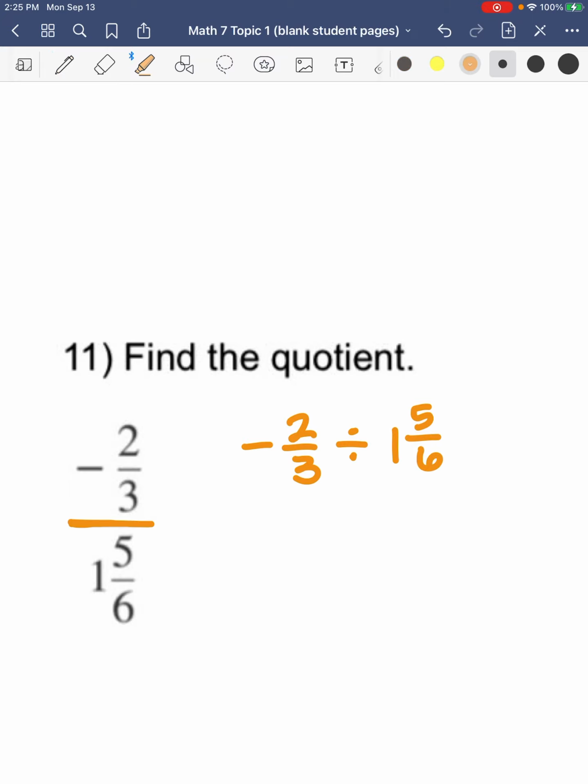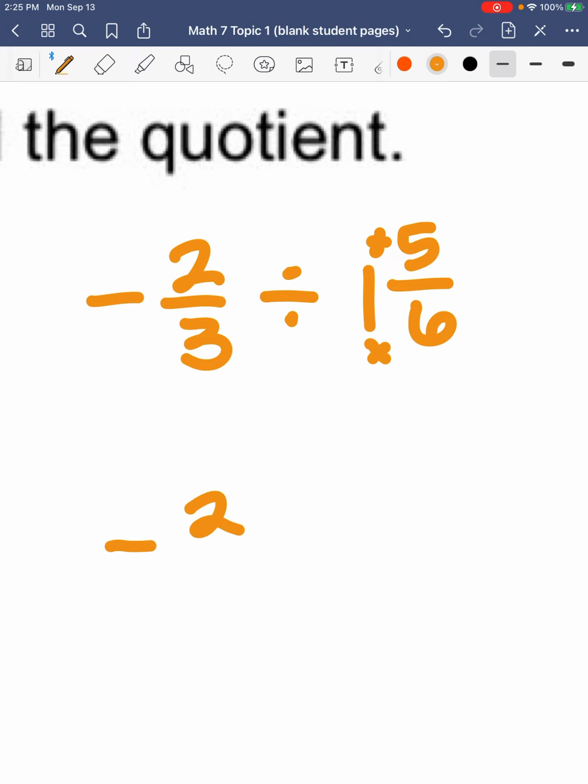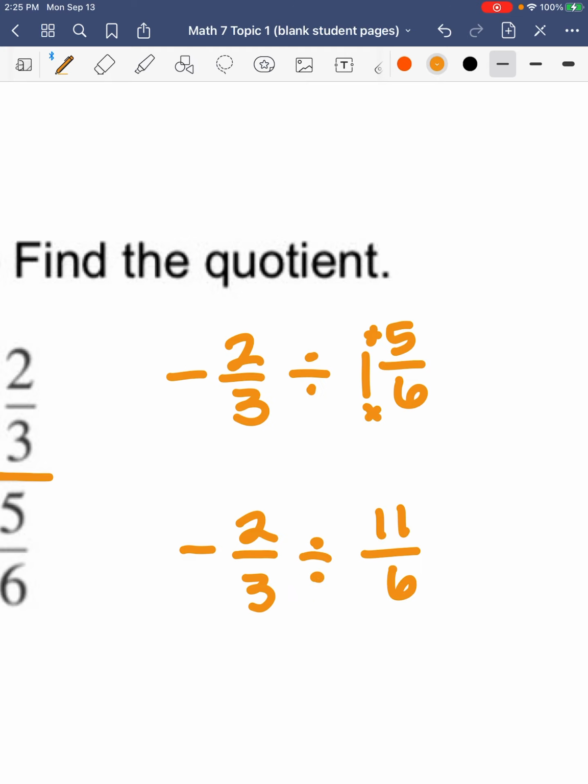Now let's go ahead and rewrite this as an improper fraction. So the way I do that is I work my way clockwise. 6 times 1 is 6 plus 5 is 11. So I have negative 2/3 divided by 11 over 6.